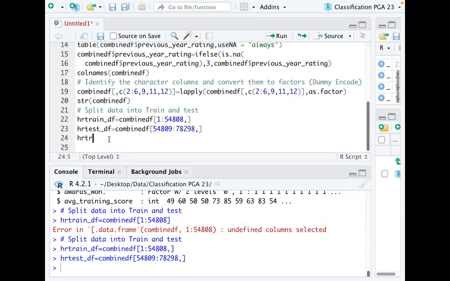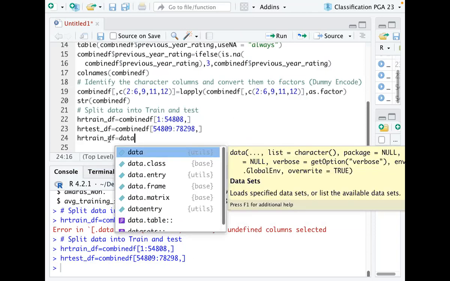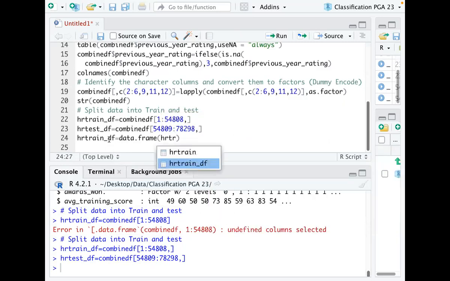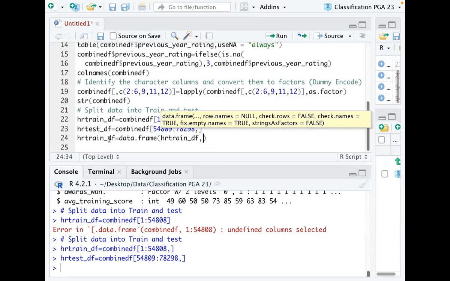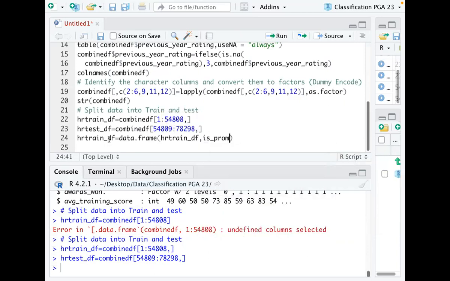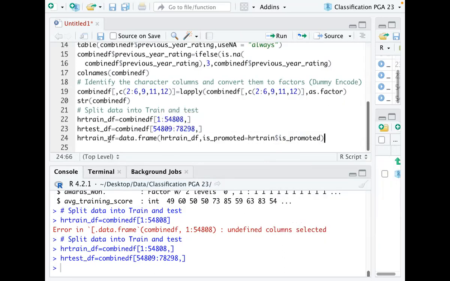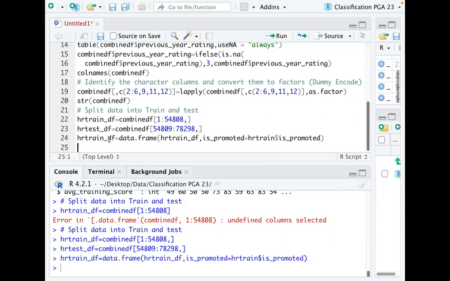So HR train df is equal to data dot frame, HR train underscore df comma is underscore promoted is equal to HR train dollar is underscore promoted. So we are adding the dependent variable back to the train data frame, which is cleaned now.